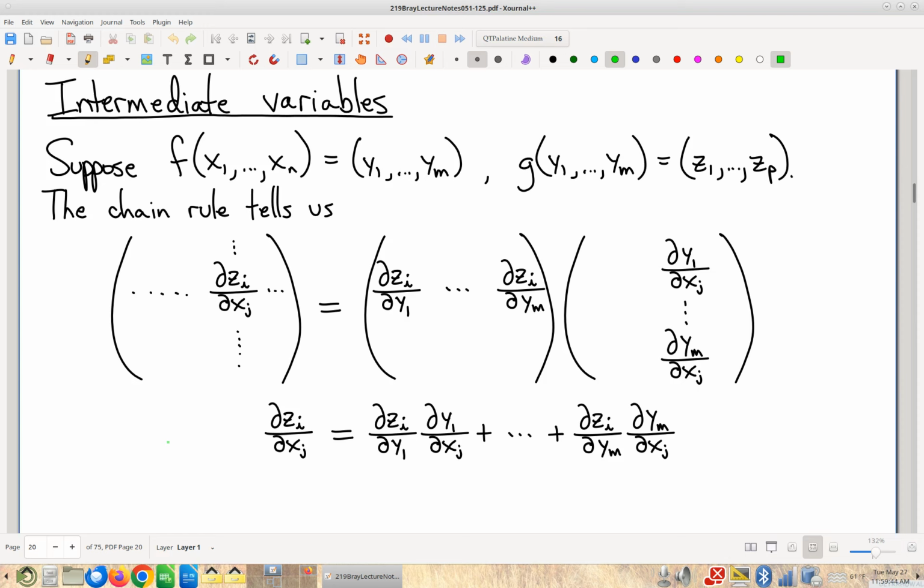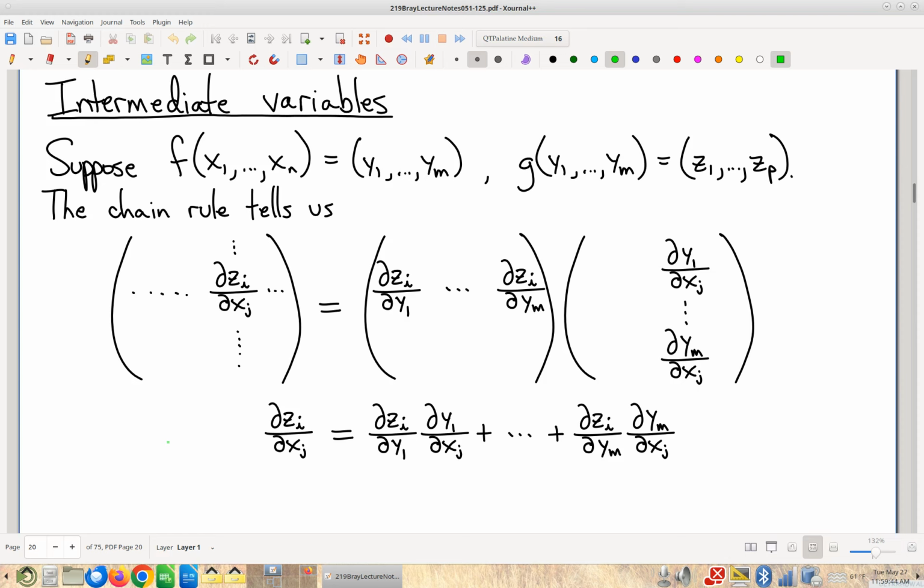So let's think about this arrow right here. What do I mean by that arrow? That's representing the way in which y1 depends on xj. Of course, y1 depends on other things, but those other things are being held constant.